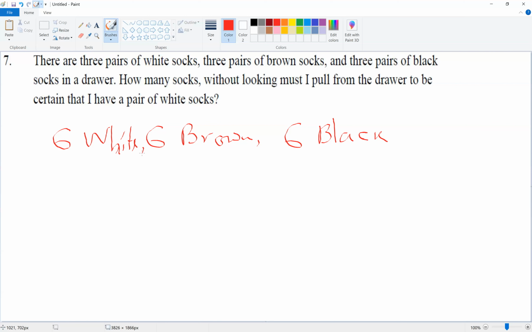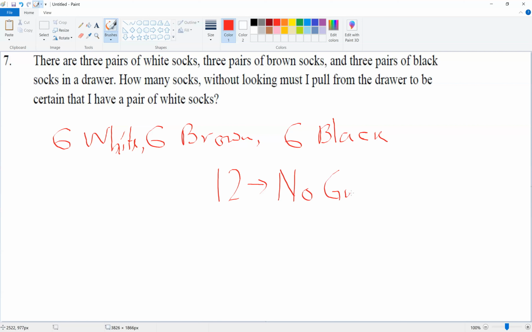No, I can pick any 6. Okay. Let's say you pick 12 socks. Are you guaranteed to have any white? Yeah. How? There are 6 brown, 6 black. Oh, no. So up to 12, there is no guarantee, right?